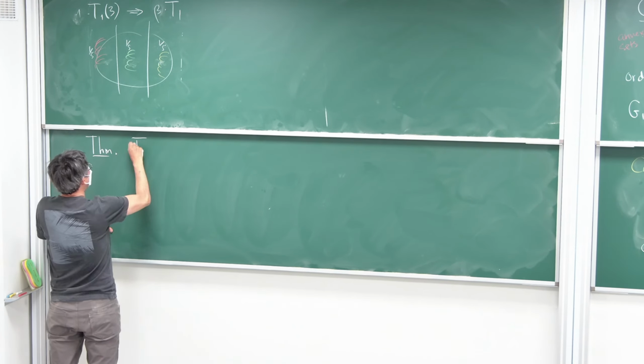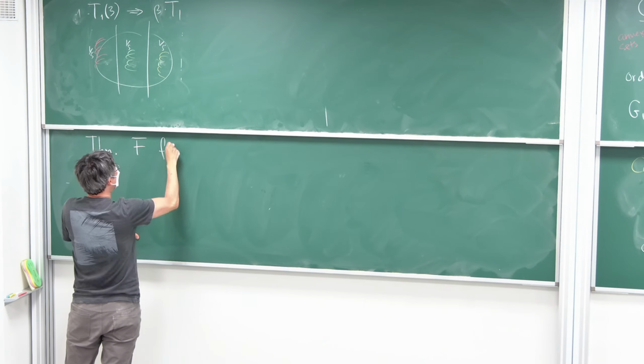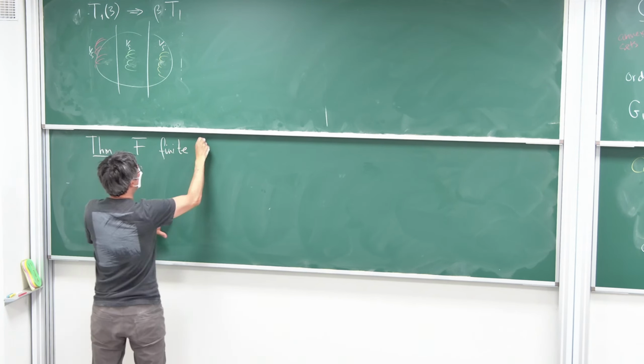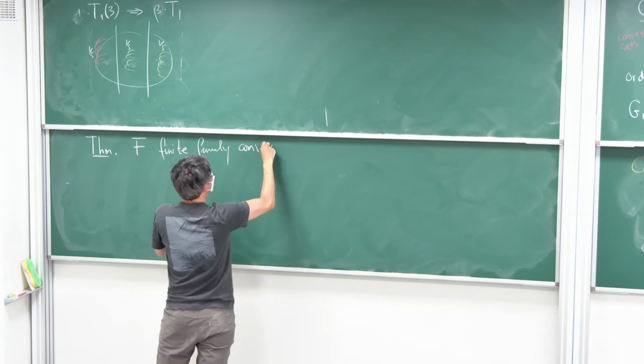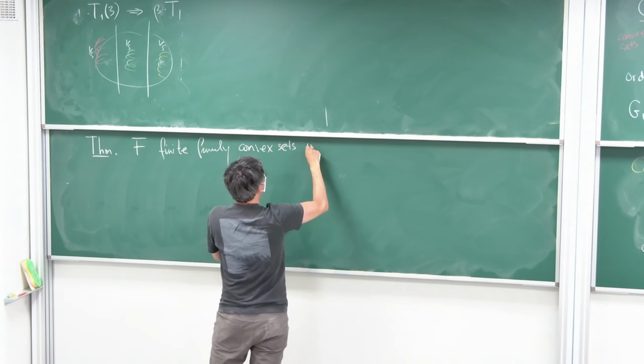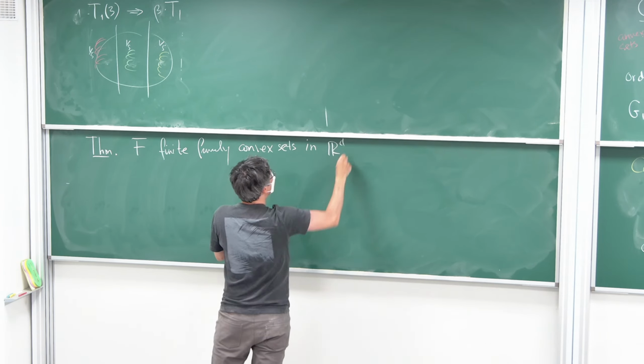So here, F is a finite family of convex sets in R^d.